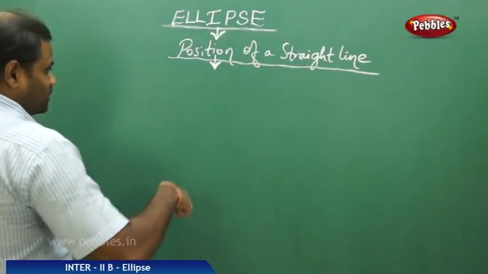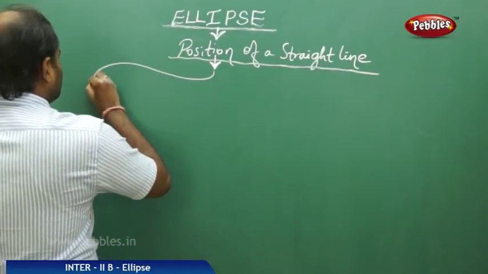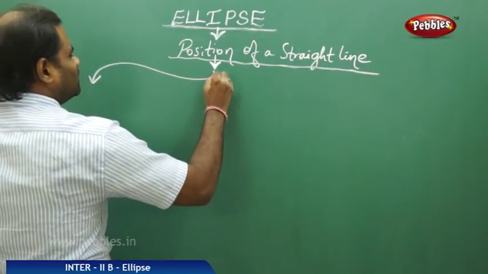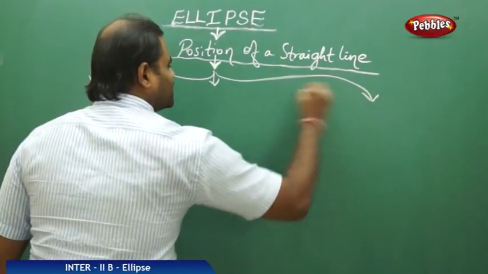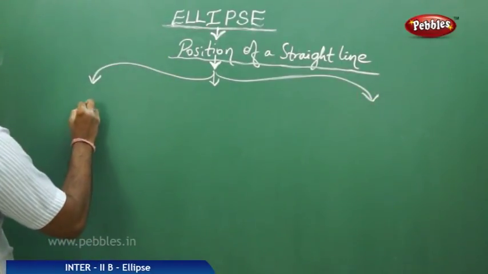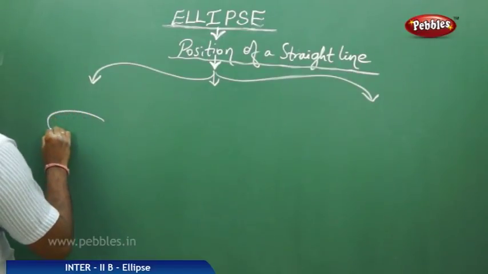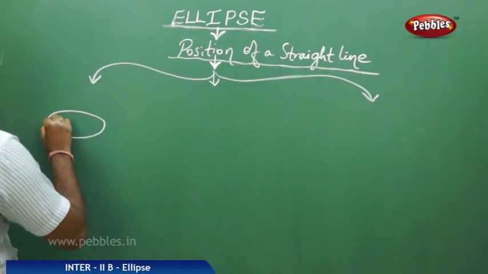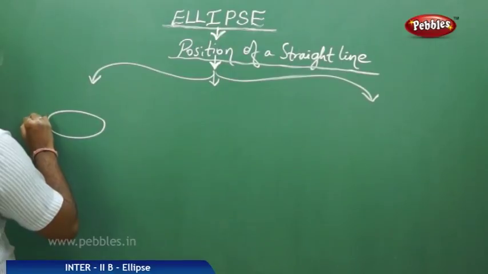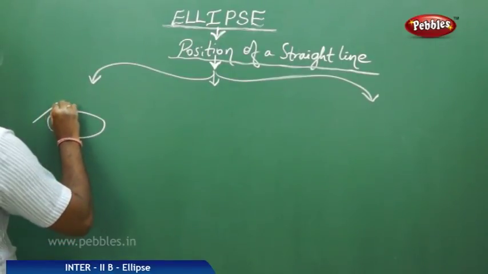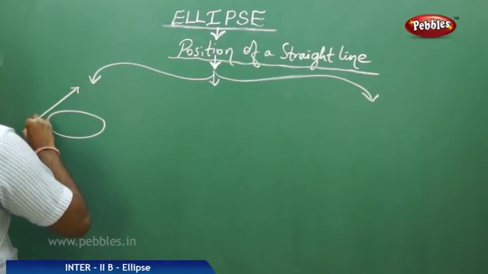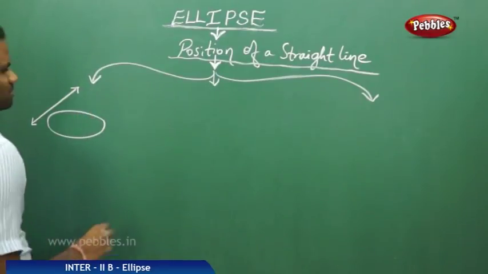The position of a straight line has 3 cases. The first case is, if I have an ellipse, the straight line is like this.